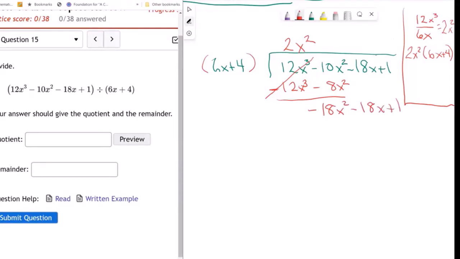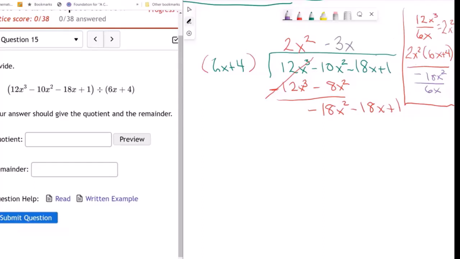I do exactly the same thing again. Leading term over leading term, which means minus 18x squared divided by 6x. That gives me minus 3x.